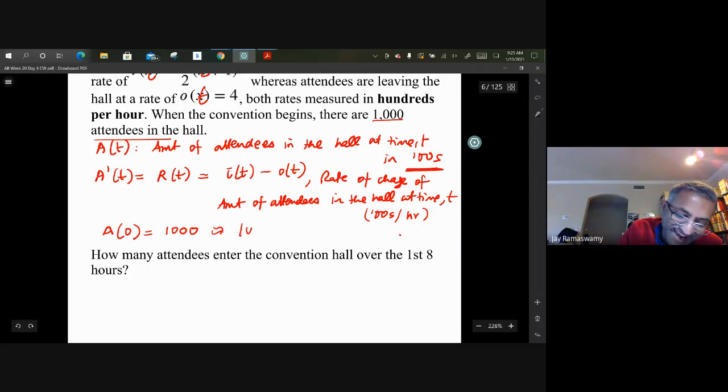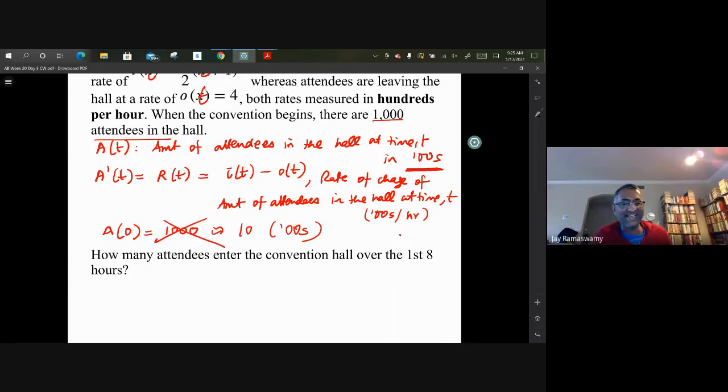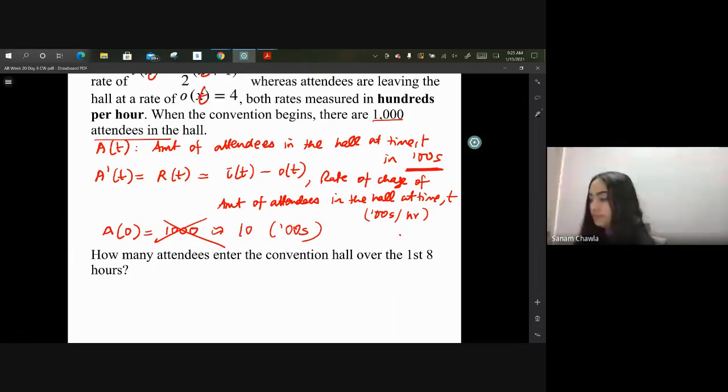That's actually 10 in hundreds, correct? You have to be consistent. Not 1,000 hundreds, but there are only 1,000 attendees. If you write 1,000 in hundreds, that's like we have 100,000, but we don't have 100,000 people. Am I making sense? 1,000 is actually 10 hundreds. Is everybody okay there? You have to be consistent in our scale.